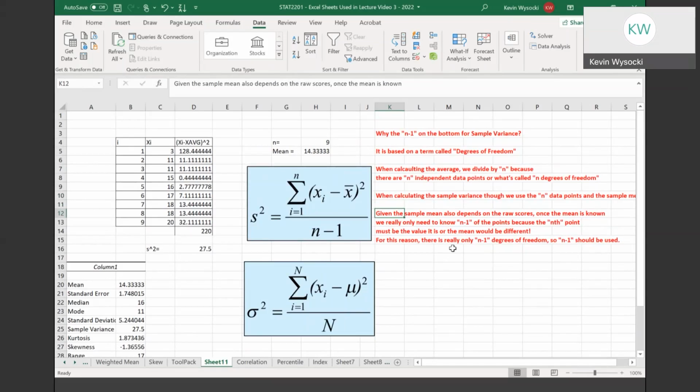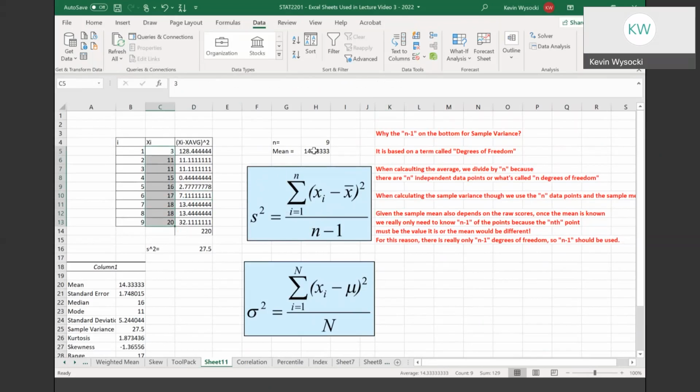Given the sample mean also depends on the raw scores, once the mean is known, we really only need to know n minus 1 of the points, because the nth point must be the value it is, or the mean would be different. For this reason, there is only n minus 1 degrees of freedom, so n minus 1 should be used.